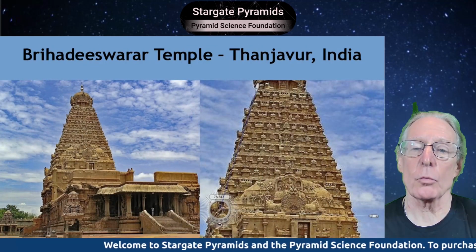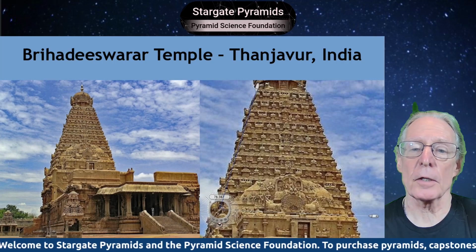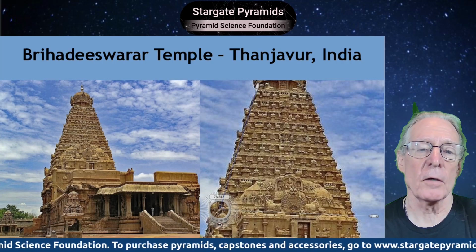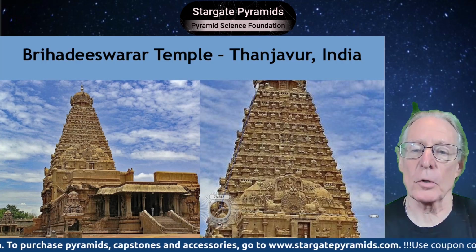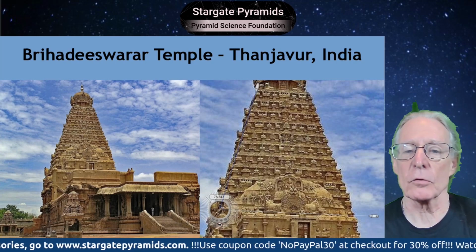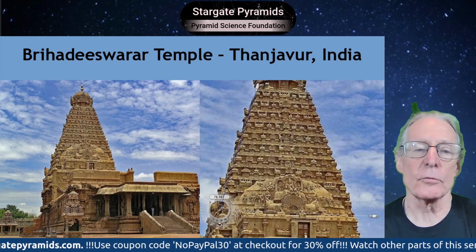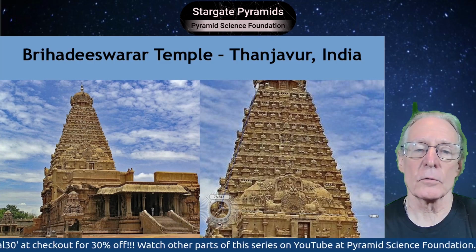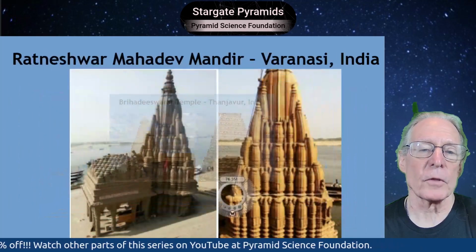Here's the Bridiswarar Temple in Thanjavur, India as well. Has this geometry, and this one almost looks more Dravidian in style, and maybe this was a transitional form of the northern style pyramid.